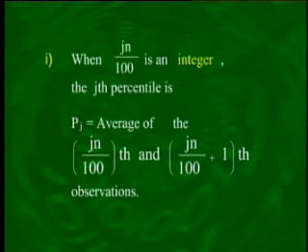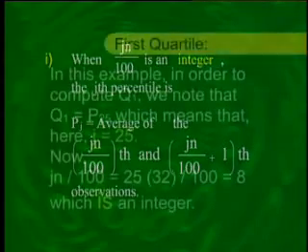Now, before I go to the second part of this rule, students, let us apply this first part to this particular example, because as you will just see, this first part is applicable in this particular example.